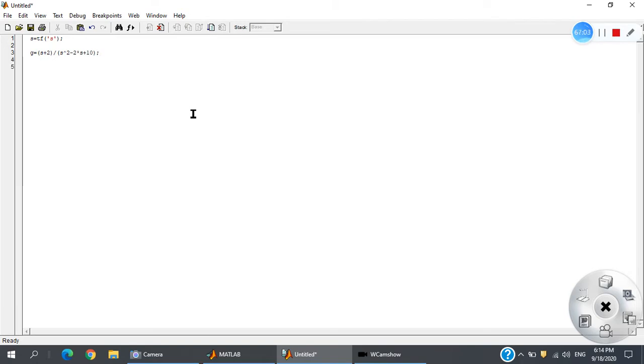Then we can run the locus. Figure 1, I have locus g. Right. And figure 2, I use 2 figures.